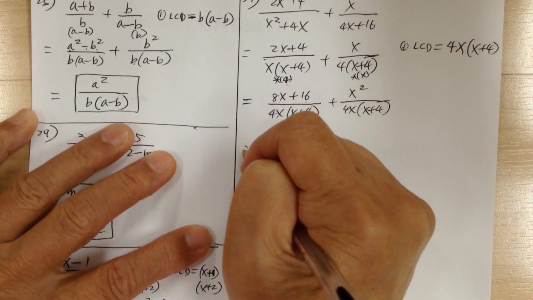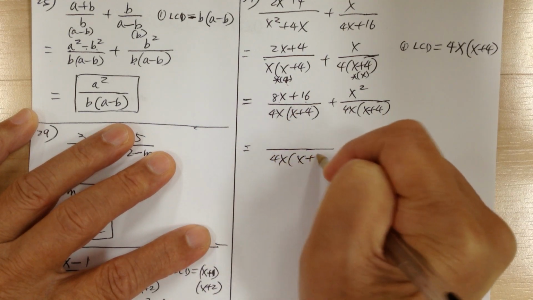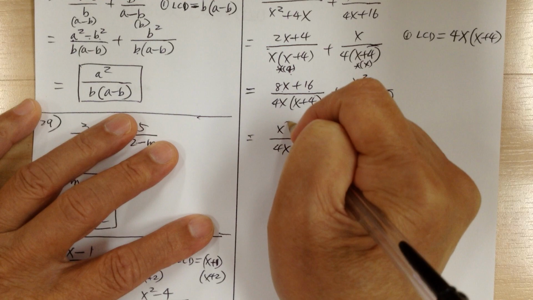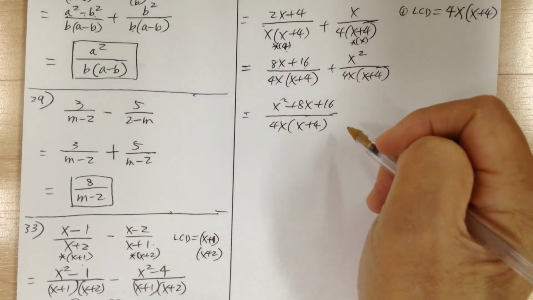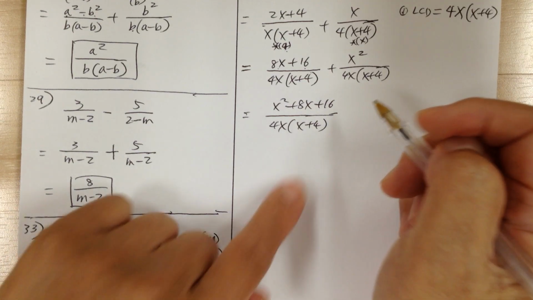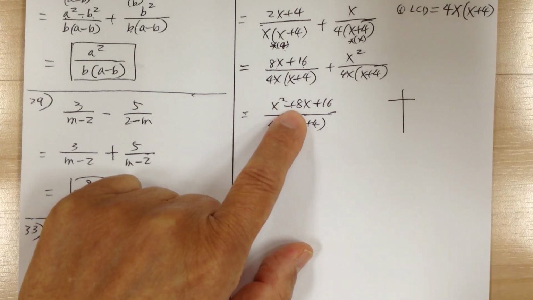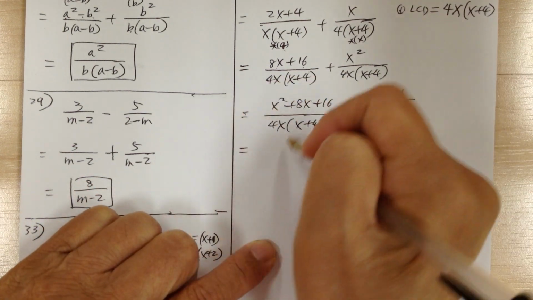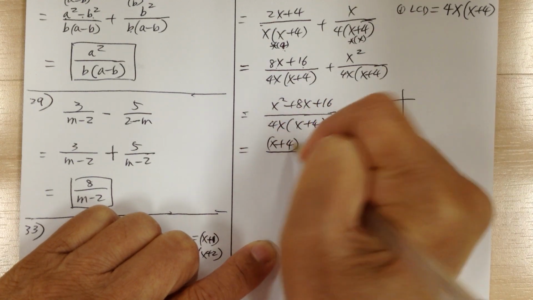And this will equal 4x, x plus 4, and you're going to get x squared plus 8x plus 16. After that, you're going to do factoring. Again, check for factoring. This is actually step 2b. So you're going to get x plus 4 squared.